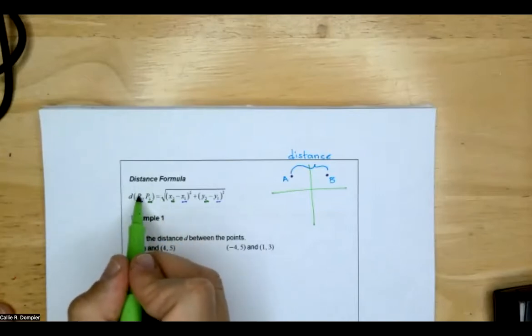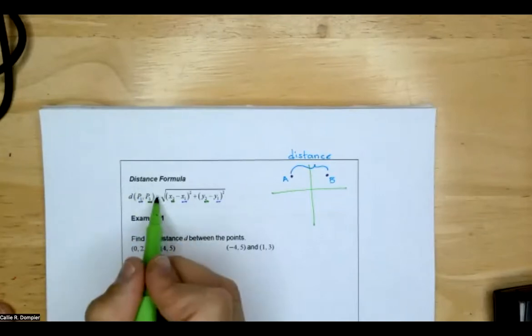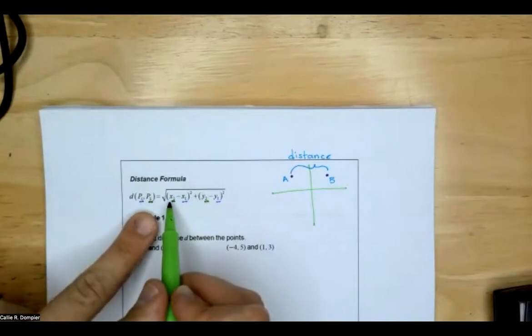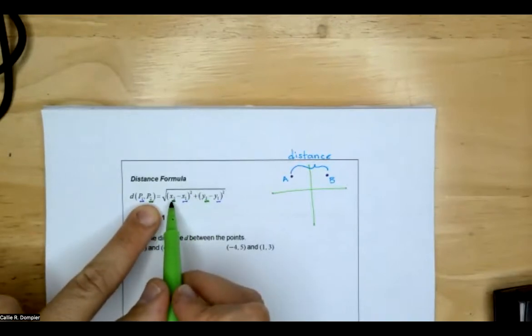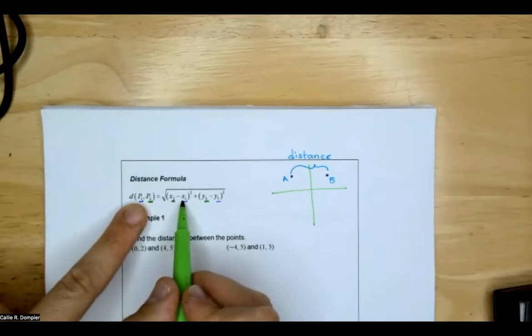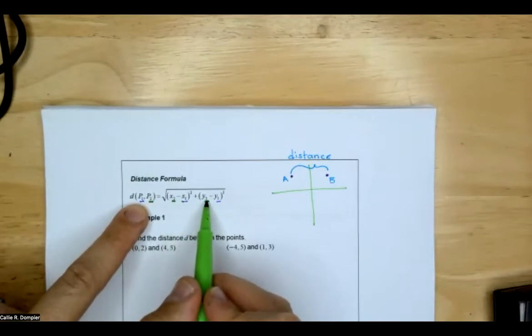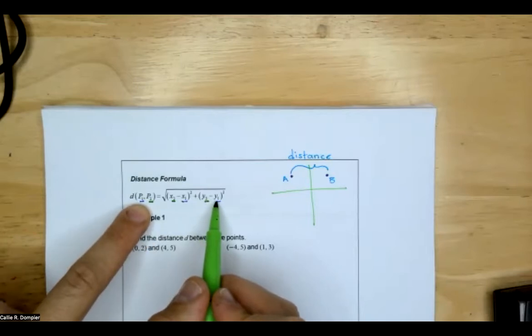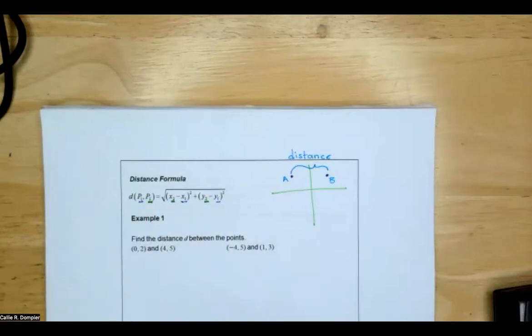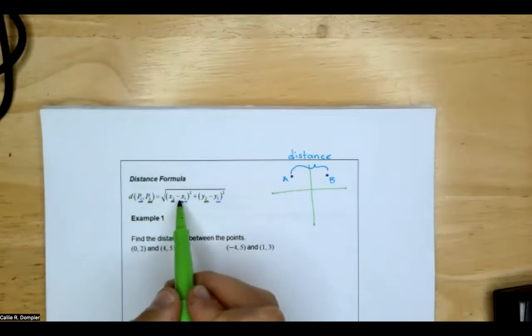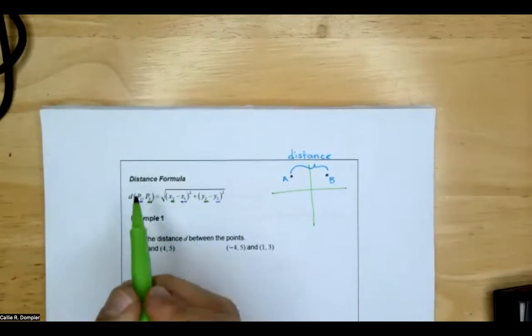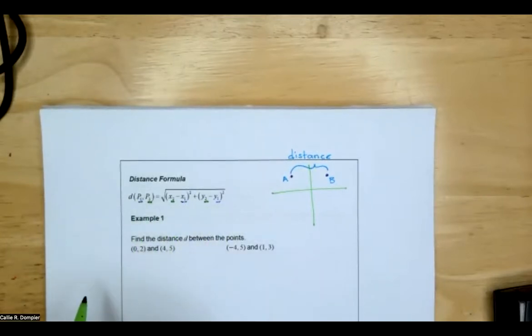The distance between point 1 and point 2 is equal to the x value of point 2 minus the x value of point 1 squared plus the y value of point 2 minus the y value of point 1 squared. So all of these little subscripts under the p, under the x, and under the y just mean we're talking about point 1, okay?